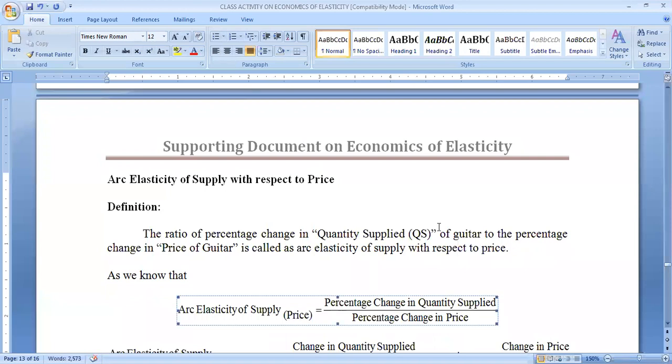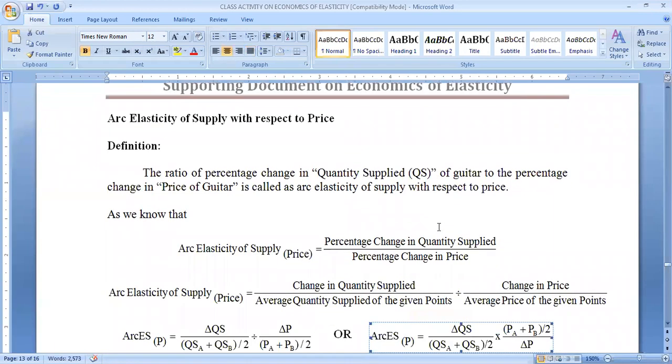It can be written as arc elasticity of supply with respect to price equals percentage change in quantity supplied divided by percentage change in price.